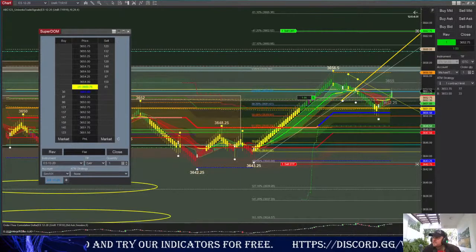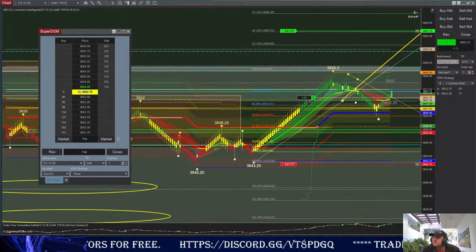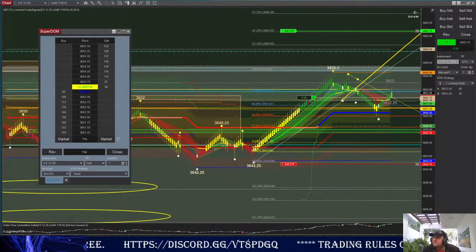Man, there's a lot of resistance there. And we've got 143, 136. There is no level 2 flashing right now, which is a good thing.